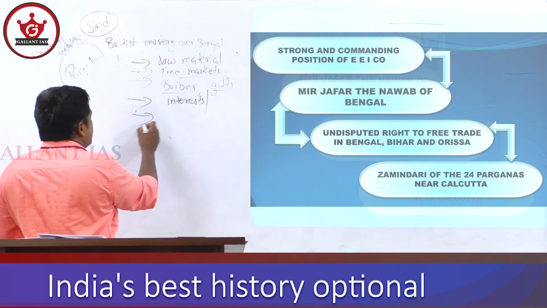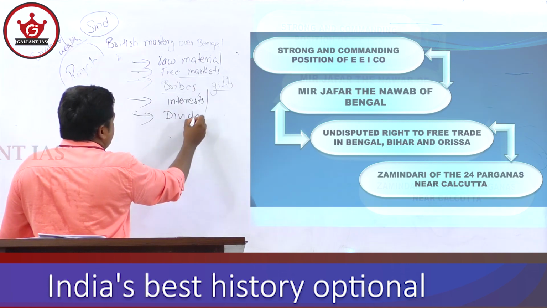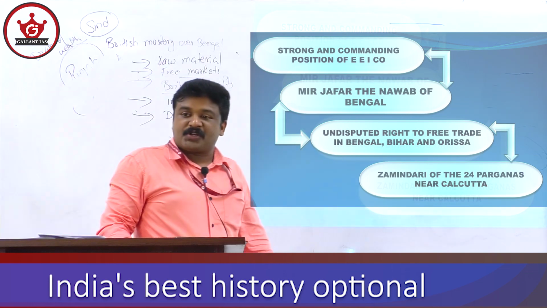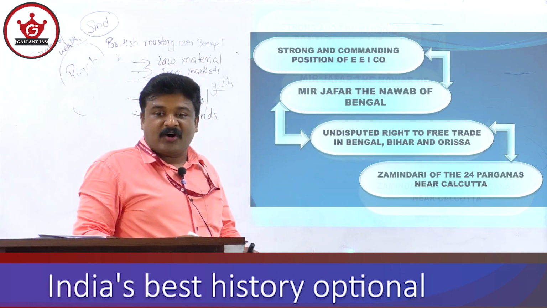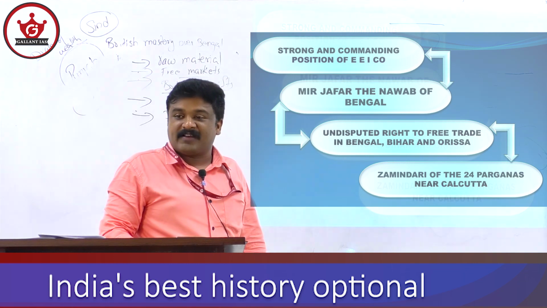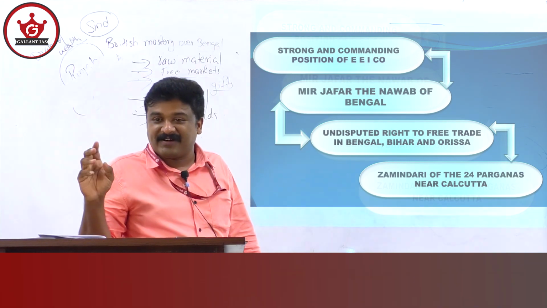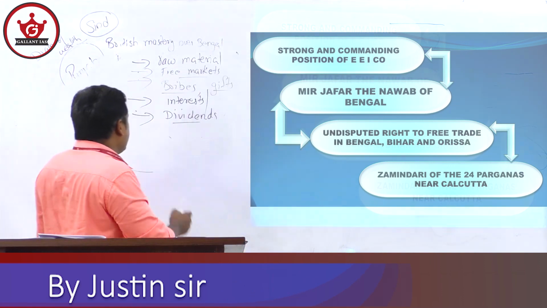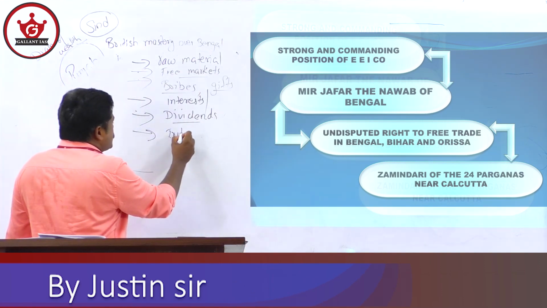Again, there are dividends. The company pays dividends to its shareholders, and the dividends are paid from the Indian exchequer, not from the grandfather's pocket of the British ruler. It is only from the Indian exchequer. So again dividends, and it is paying the tributes.